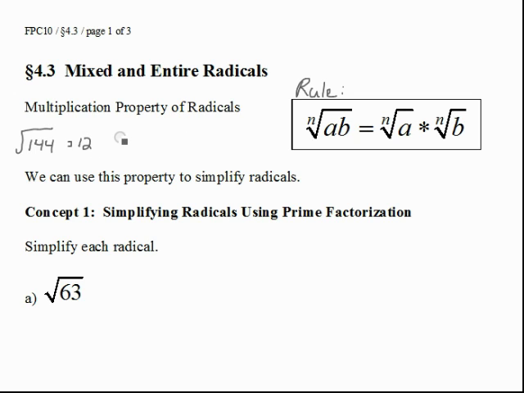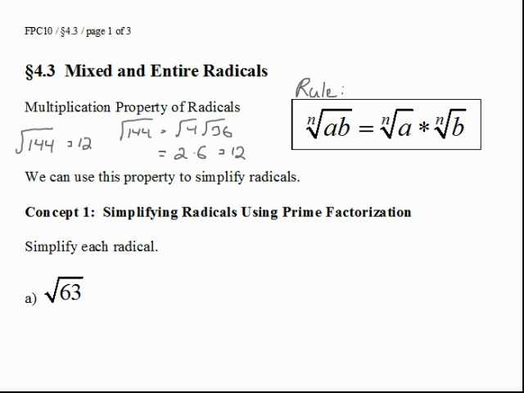We know that. The square root of 144 equals the square root of 4 times the square root of 36, because 4 times 36 is 144. So this is 2 times 6, which is 12. We get the same answer. Yay!